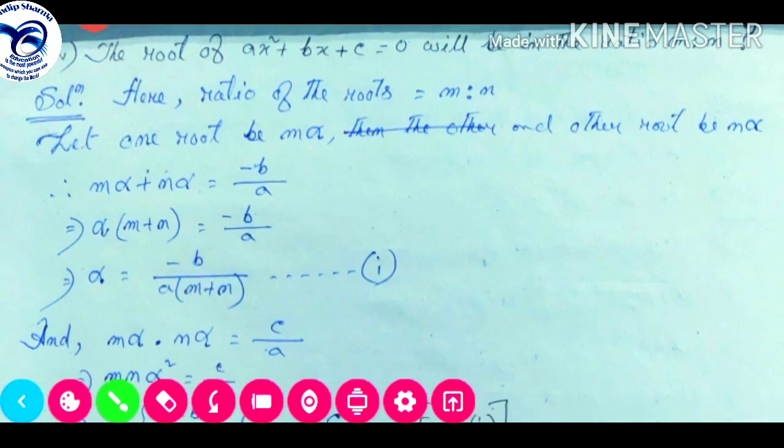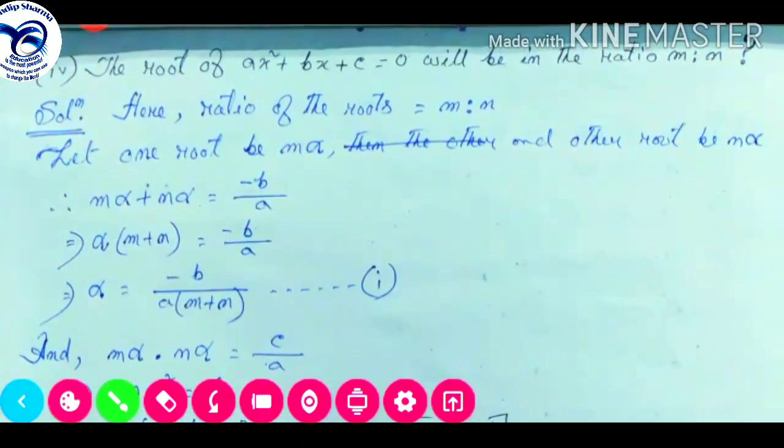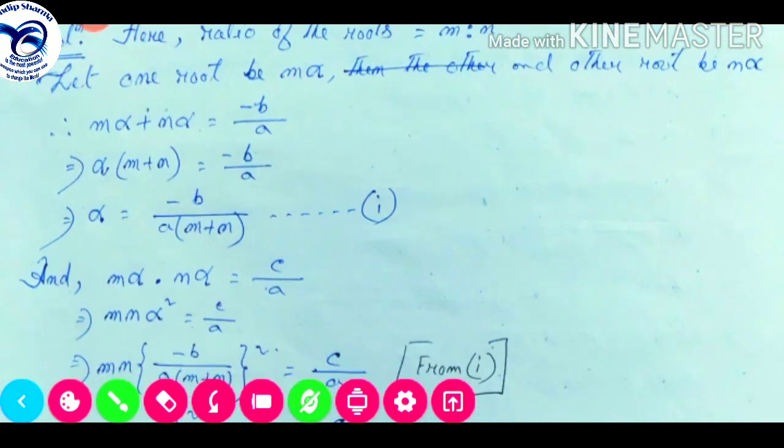Now the sum of the roots, m alpha plus n alpha, is equal to minus b by a. From these two terms alpha is common, so taking it common, it will remain m plus n is equal to minus b by a. So the alpha value will be minus b divided by a into m plus n. We consider this equation number 1.